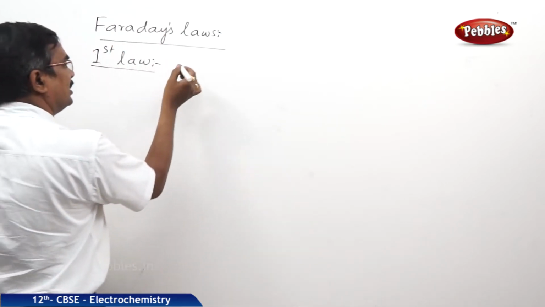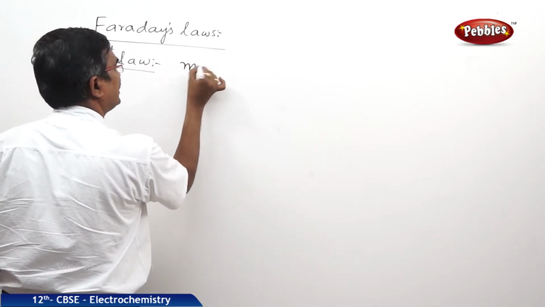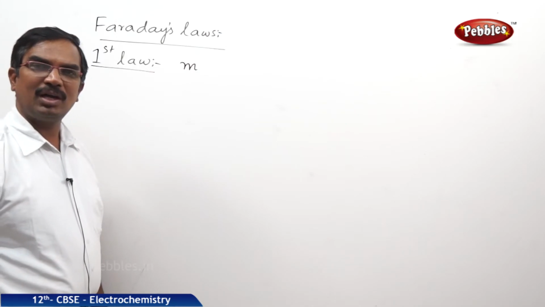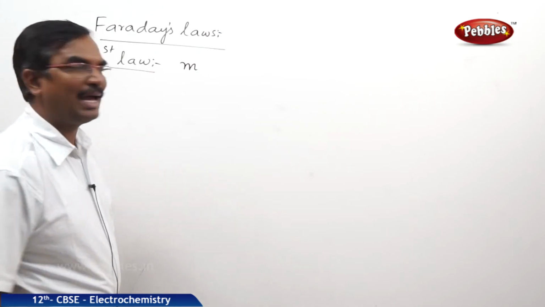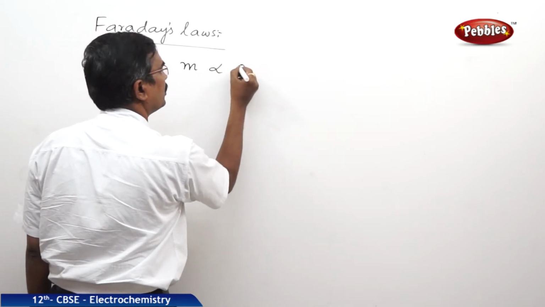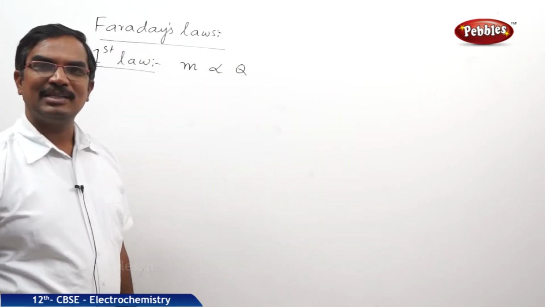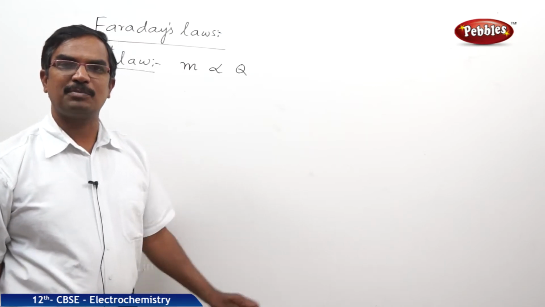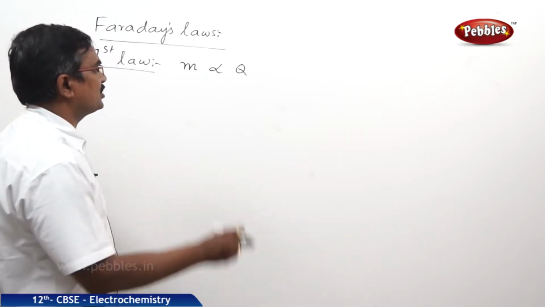So if I take the mass of the substance that is deposited or released as M, as per definition this is proportional to Q, where Q is the charge used in the electrode process.